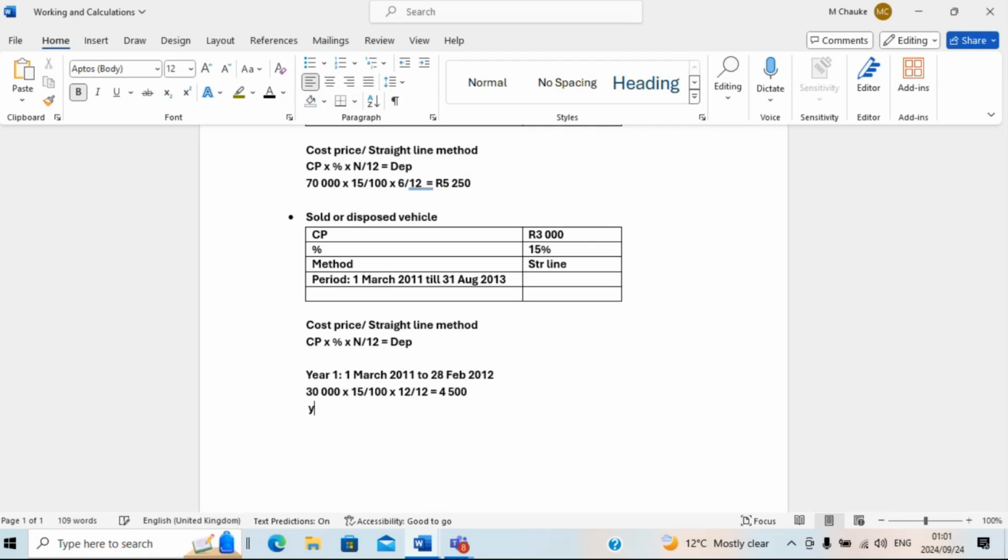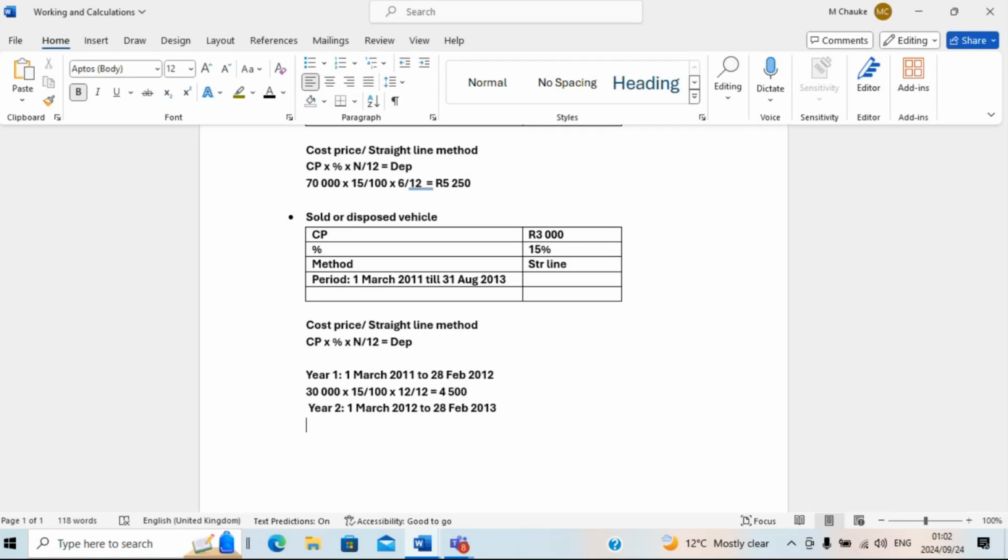And then year two, 1 March as well. It's going to be from 1 March, because we have to calculate depreciation year by year. So it's going to be 1 March 2012 to 28 February 2013, right? So it's the whole year as well.